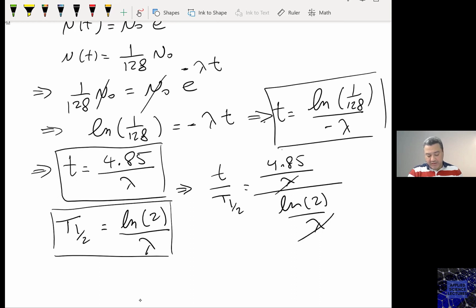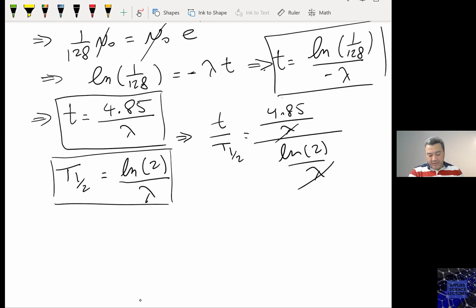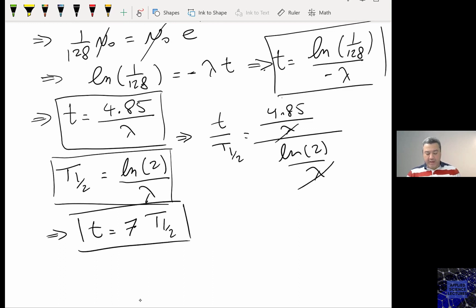Lambda is going to cancel, and then I will end up with t equals 7 half-lives.